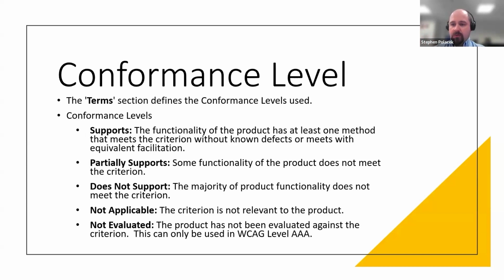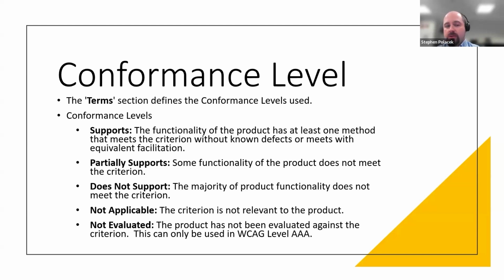Conformance level, the first part, we're going to talk about both parts here. Conformance level is listed in the terms section of the VPAT report. So it has the definitions in there. You can go read it. The vendor can read it. If they post publicly, anyone can read it. So you should always know what these mean. But there's 5 conformance levels that are usable here.